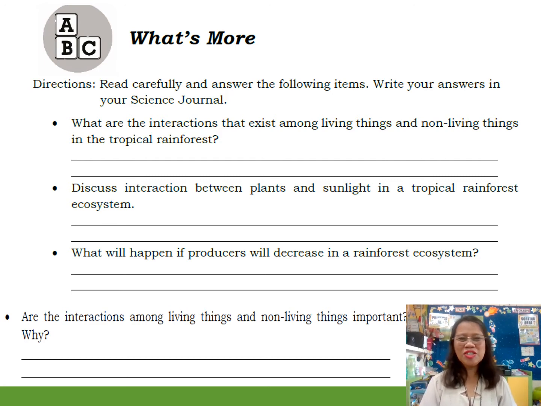Okay, so you're going to read and answer the following items. Write your answer on your answer sheets. Question number 1. What are the interactions that exist among living things and non-living things in the tropical rainforest? Discuss the interaction between plants and sunlight in a tropical rainforest.